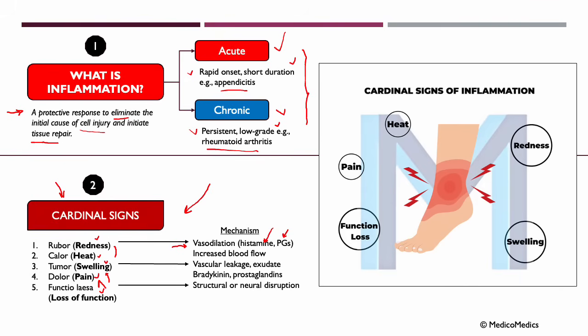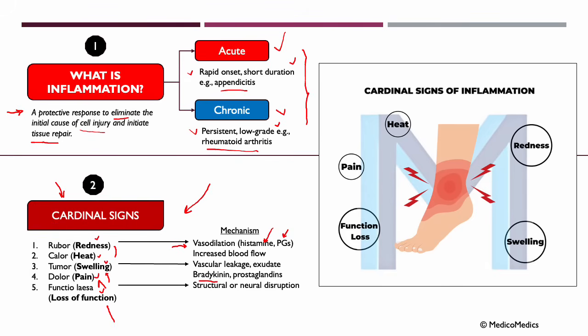Pain is triggered by bradykinin and by prostaglandins, which sensitize nerve endings. This is why inflamed areas are tender, and also why non-steroidal anti-inflammatory drugs like NSAIDs and steroids block prostaglandin production, leading to the relief of pain.